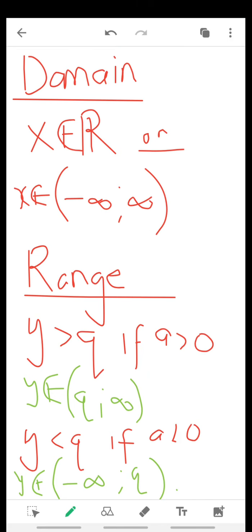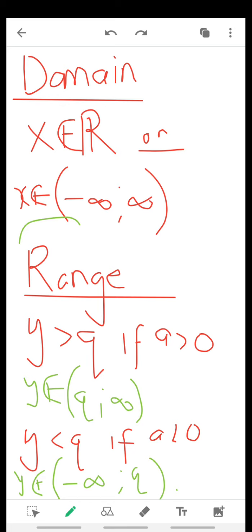And for an exponential function, the graph starts from negative infinity up to positive infinity, meaning all real numbers are defined for this function, and we just say x is an element of real numbers. But also, if you don't like this way of writing it, we can use this one here, and then x will be an element of negative infinity up to positive infinity.